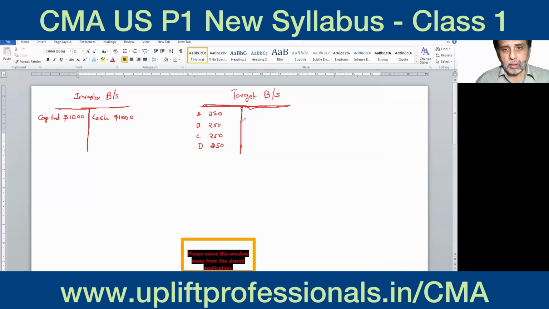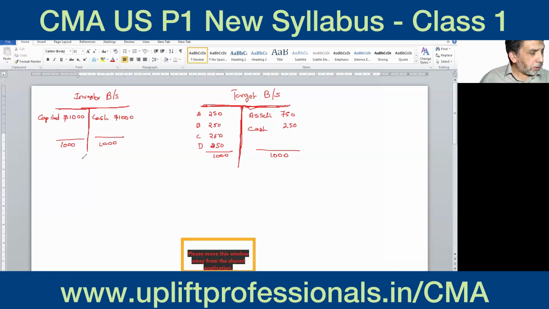I'm making it a very simple demonstration. Here, let us say they have fixed assets of 750 and cash of 250. The main thing is that the balance sheet should balance. And here also 1,000, 1,000. All good so far?